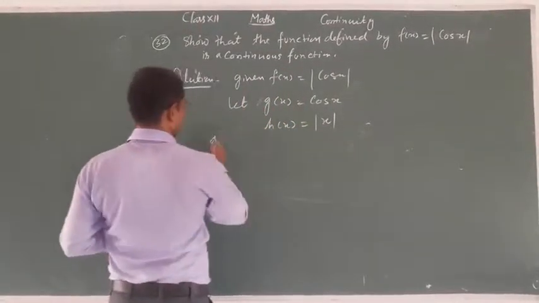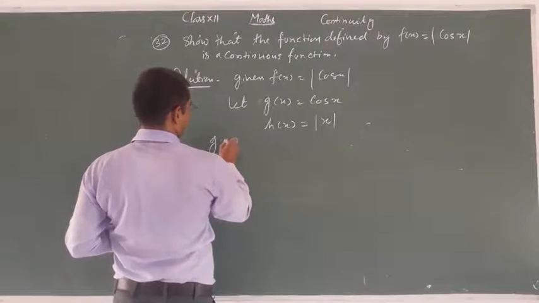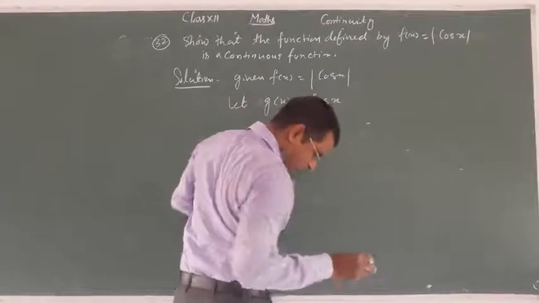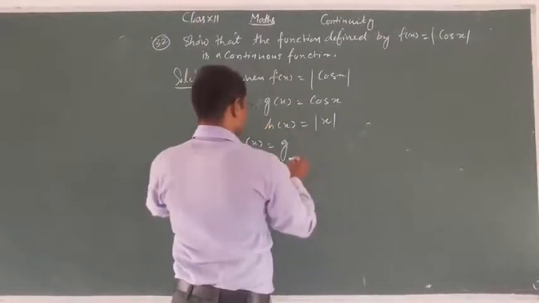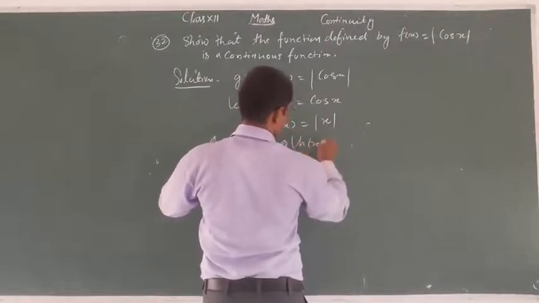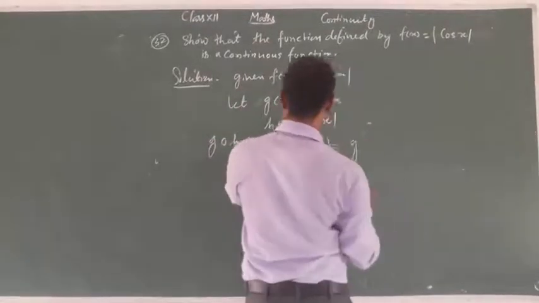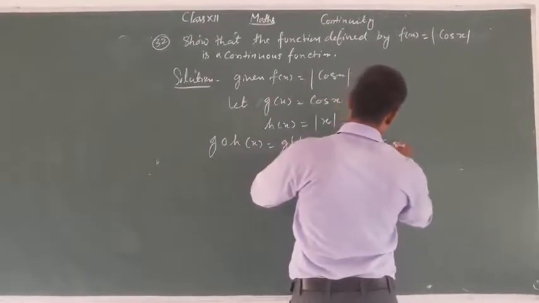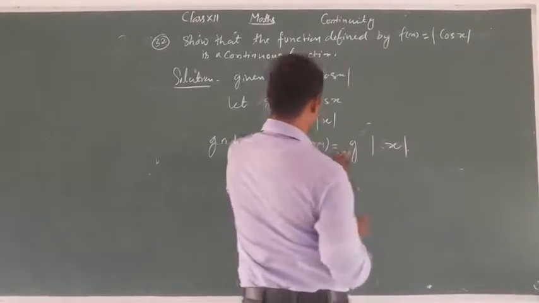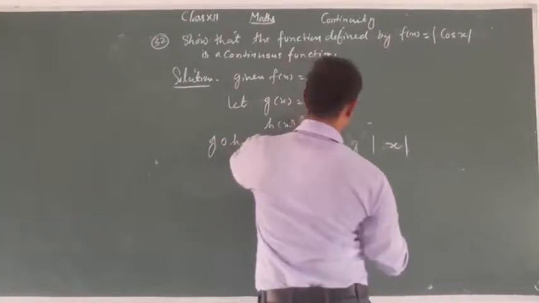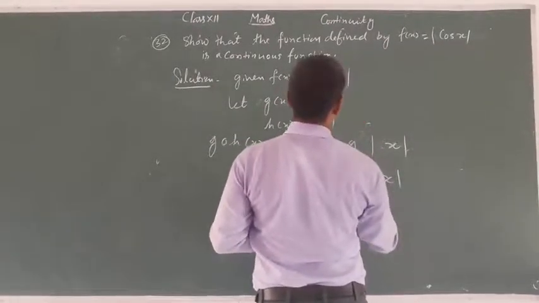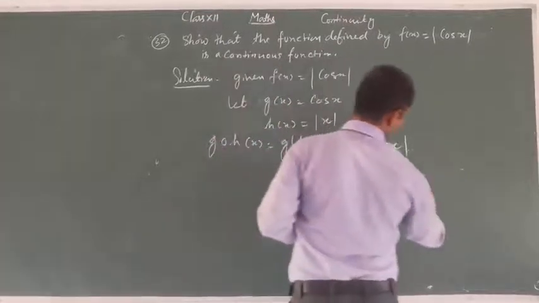So (g o h)(x) is equal to g of h(x), so g of mod of x is equal to cos of mod of x. So this is f(x).